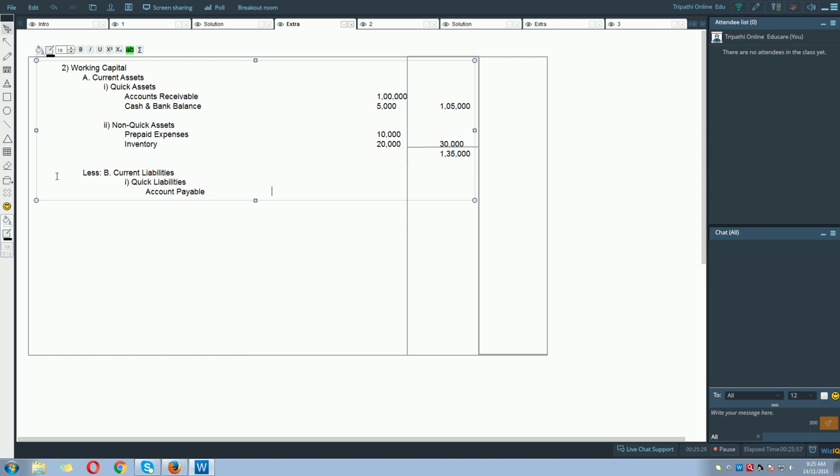Under this, the first item that we are going to take is quick liabilities. And under quick liability, the first item that we have is accounts payable, which is 50,000.